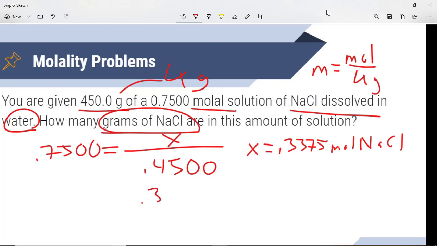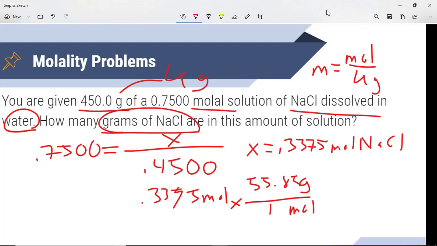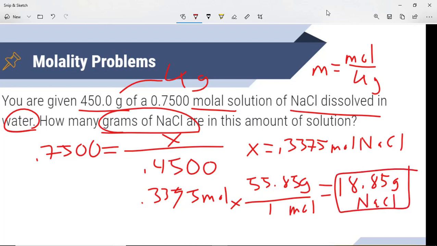So 0.3375 moles. Moles on bottom, grams on top. And we plug in and solve. End up with 18.85 grams of NaCl. And that's how much to make that concentration of solution.